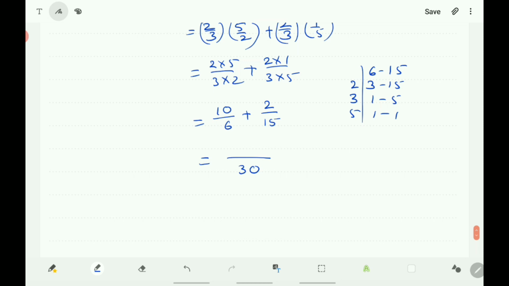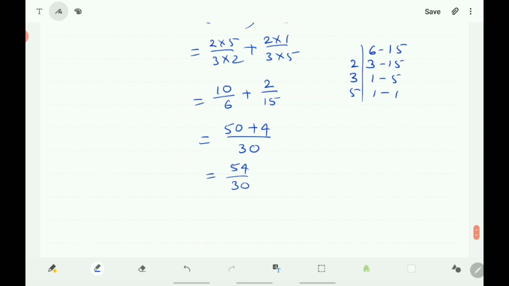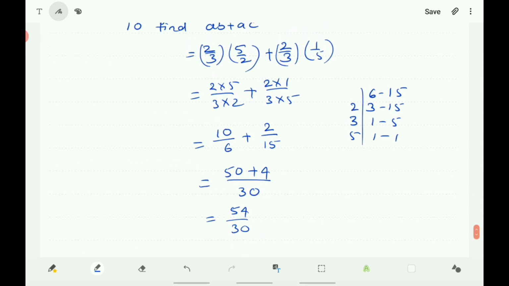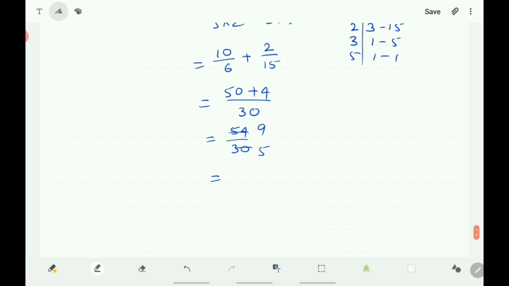You know that 6 fives are 30, 10 fives are 50, and 15 twos are 30, 2 twos are 4. Then it is 54 by 30. 54 by 30, you know that 6 nines are 54, 6 fives are 30, that is equal to 9 by 5.